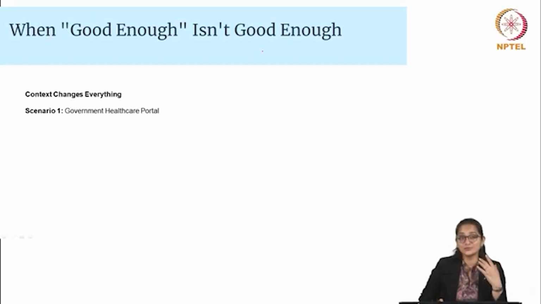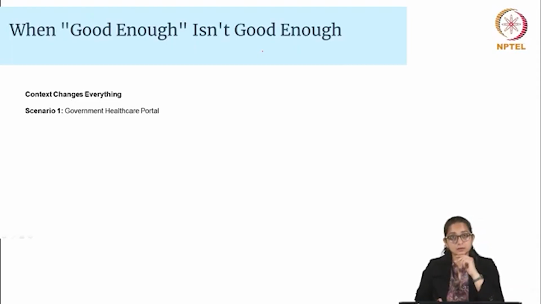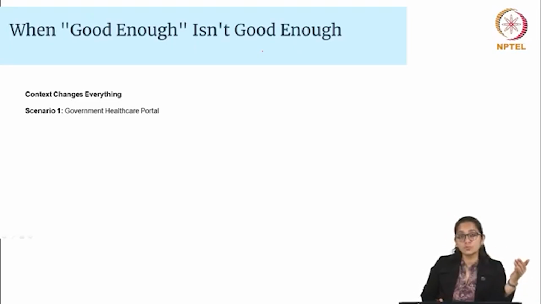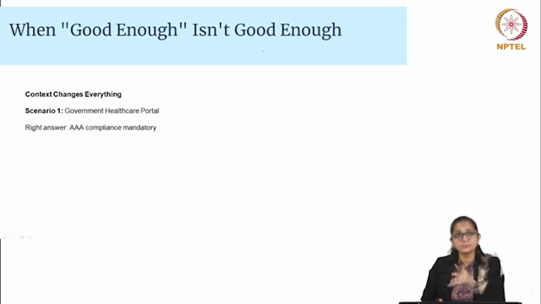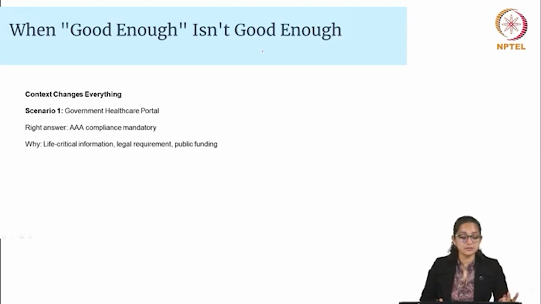Maybe I'll give you a minute to think what would be the right answer here. Do we want to stop at AA compliance and call that good enough, or do we want to go beyond AA? Probably the right answer is AAA compliance, particularly because it contains life critical information. It's the government healthcare portal.